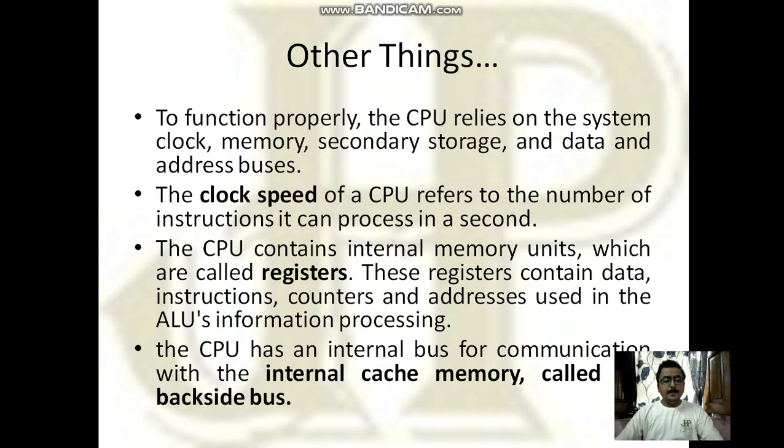Other than this, the CPU has an internal bus for communication with the internal cache memory. Okay, we already know that CPU has a cache memory which works like a bridge between the main memory and CPU, so that CPU performs well, because main memory speed is lower than the CPU's speed.